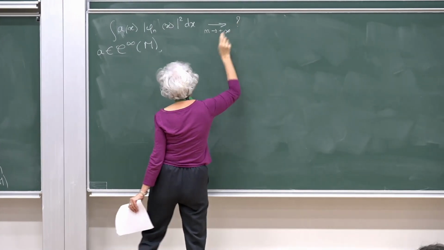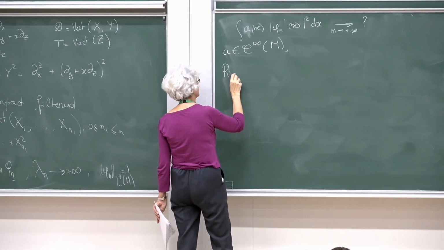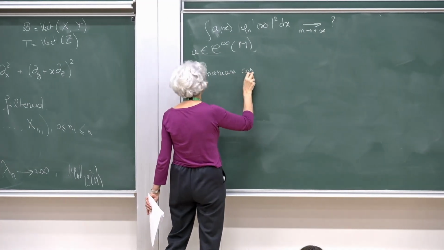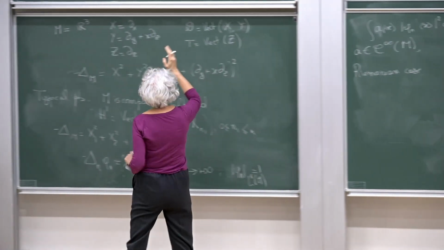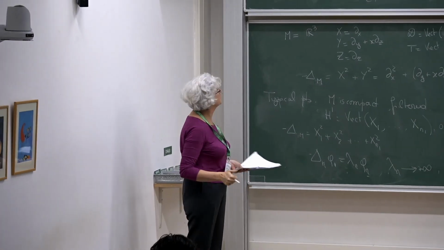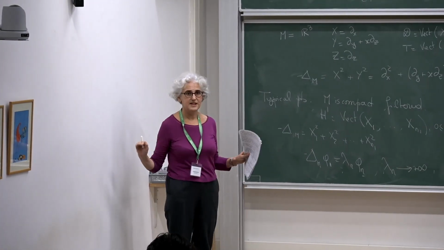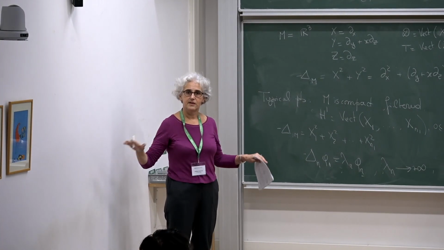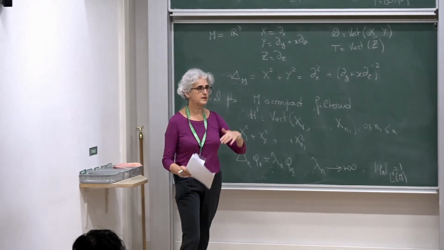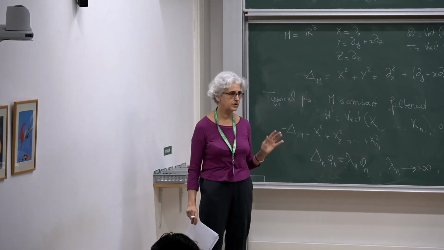This is a question that has been addressed a lot in the Riemannian case. By Riemannian case, I just mean that my filtration has only one step, which is H1 equal to TM. So in that sense, when I take all the first directions, I get exactly the standard Laplacian.